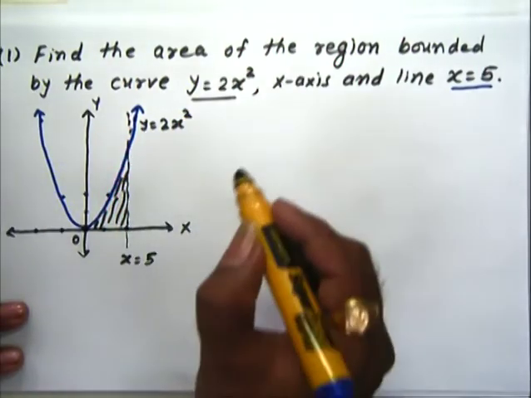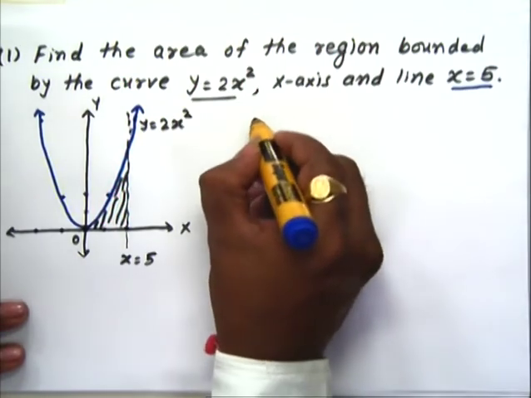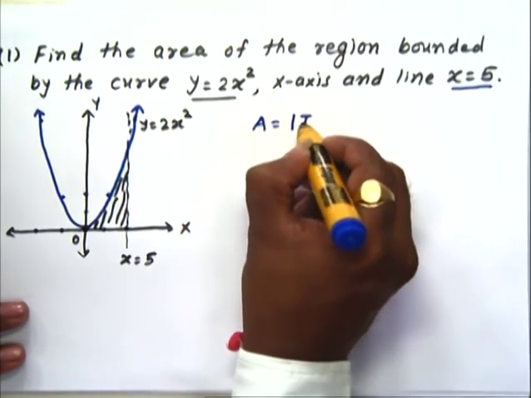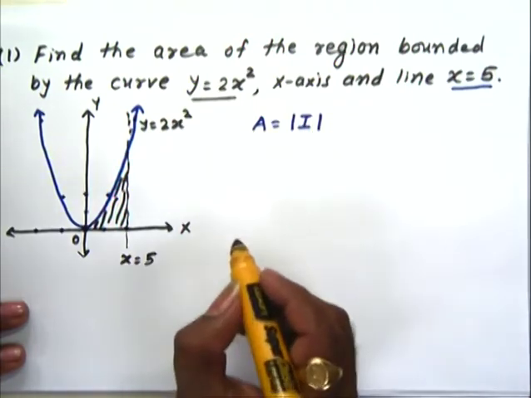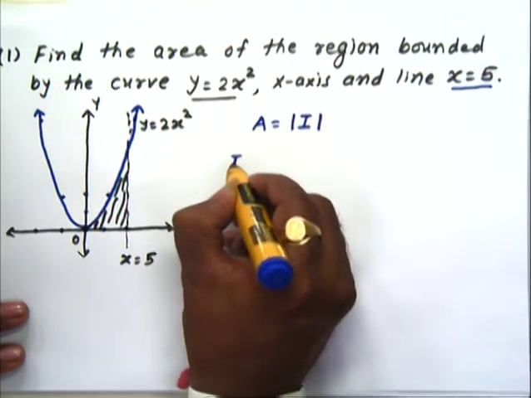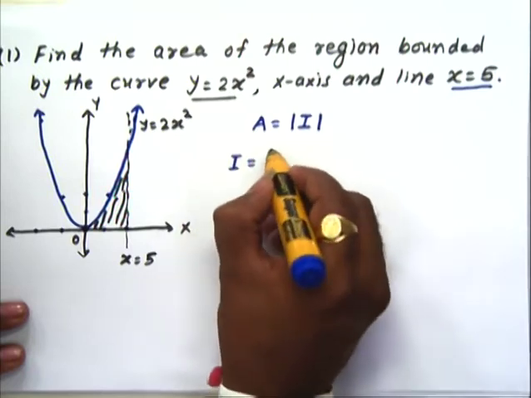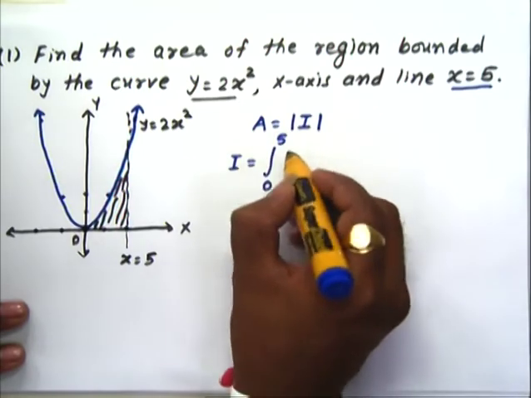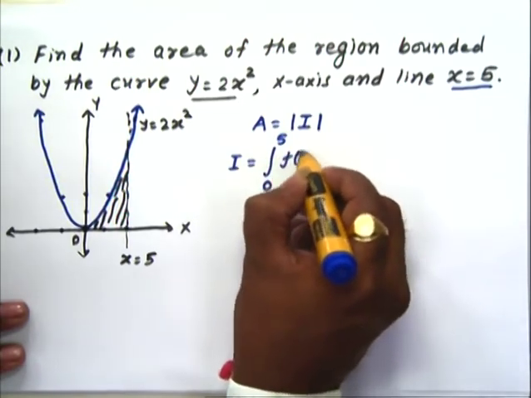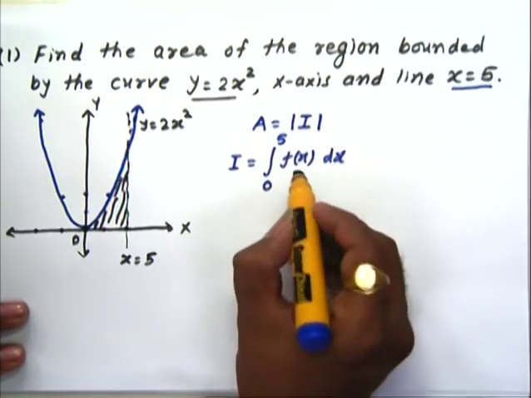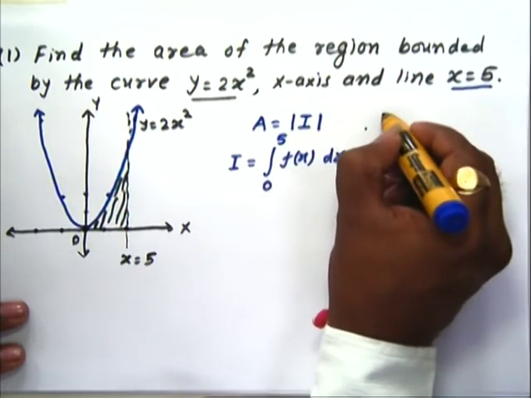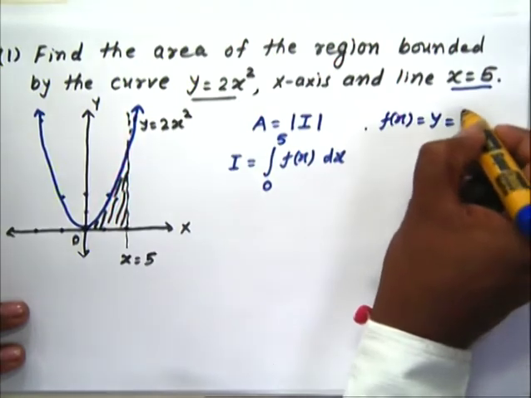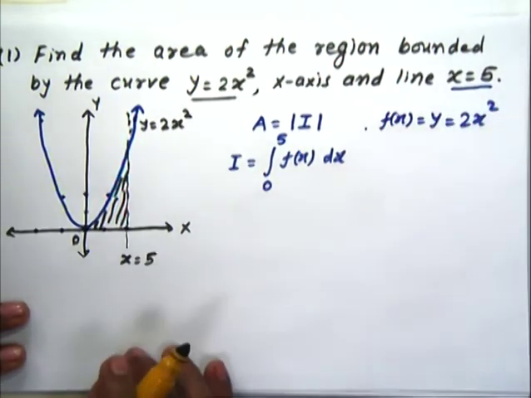So our formula is required area A equal to modulus I. And what is I? I equal to integration 0 to 5 f(x) dx. What is our f(x)? See, f(x) is nothing but y, and y is 2x square.